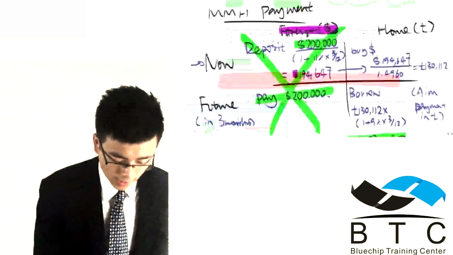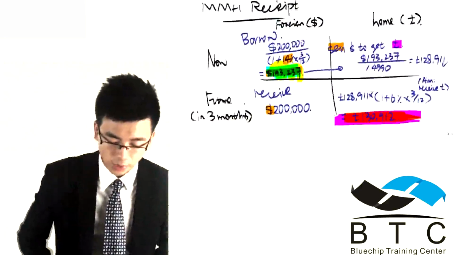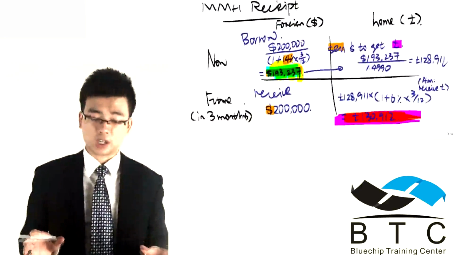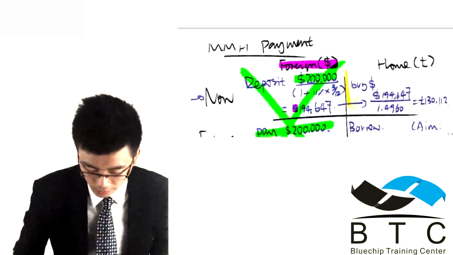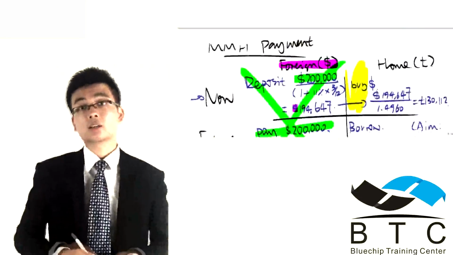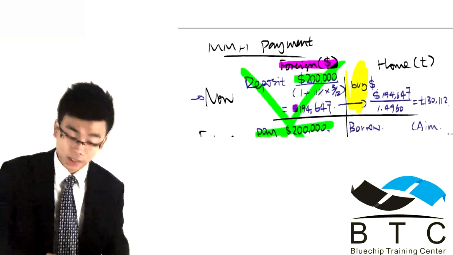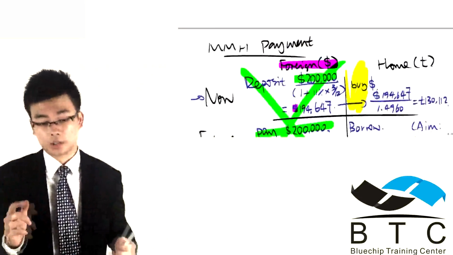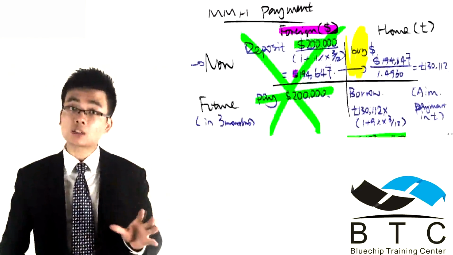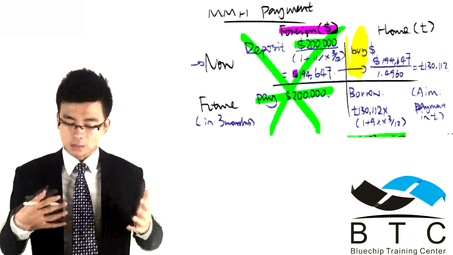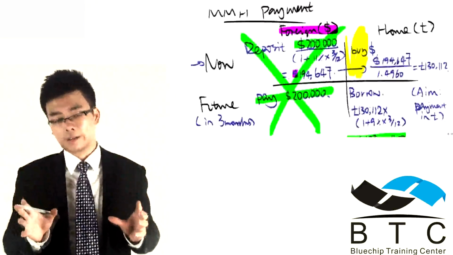You can see here, the only way we're going to deal with the foreign exchange rate is by buying or selling the foreign currency using our spot rate now. So this is it, nothing more. The future foreign exchange rate has nothing to do with us. What has to do with us is the spot rate today.